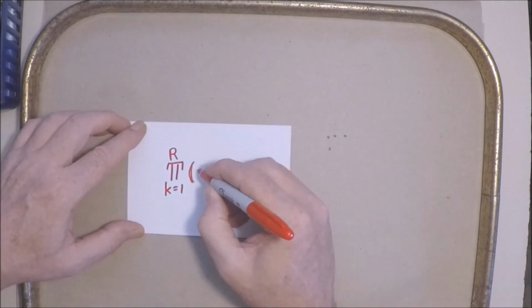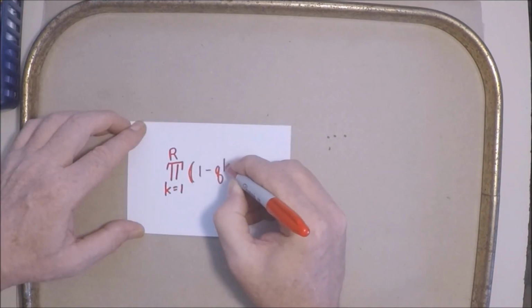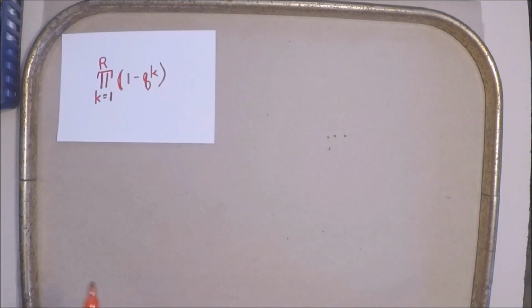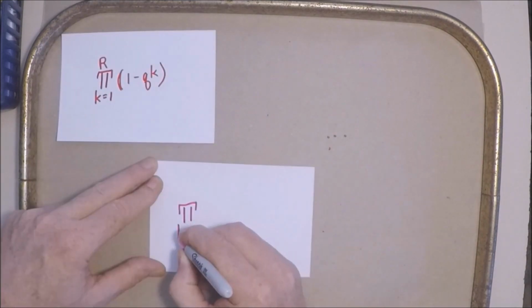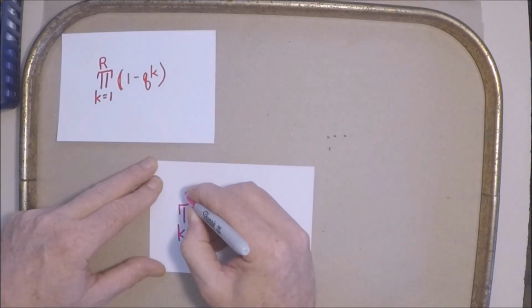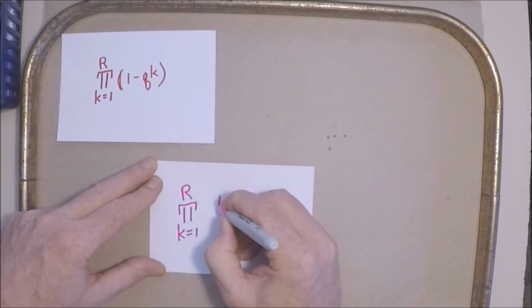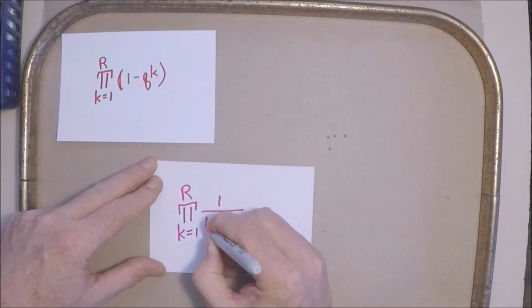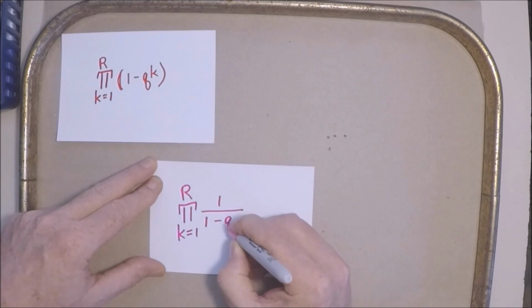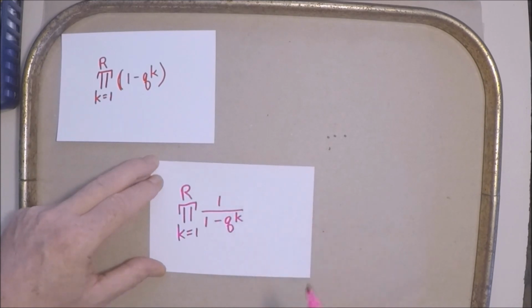The product of 1 minus q to the k, with k equals 1 to r, and of 1 over 1 minus q to the k.